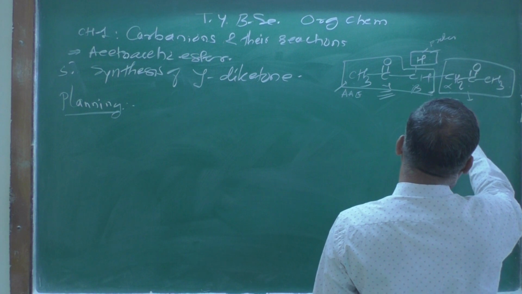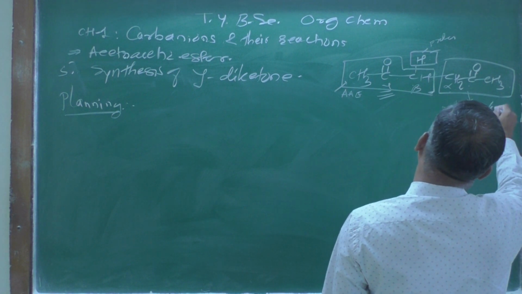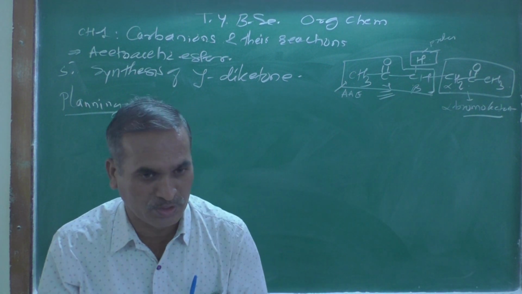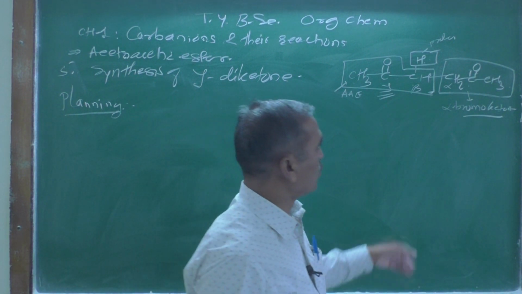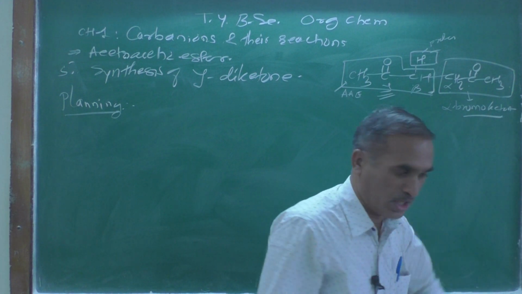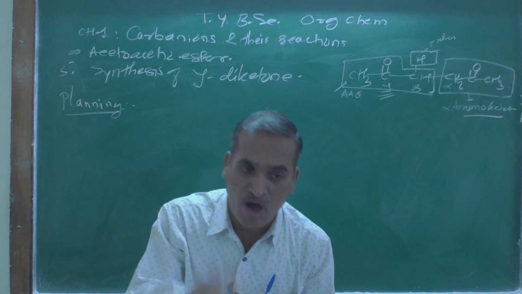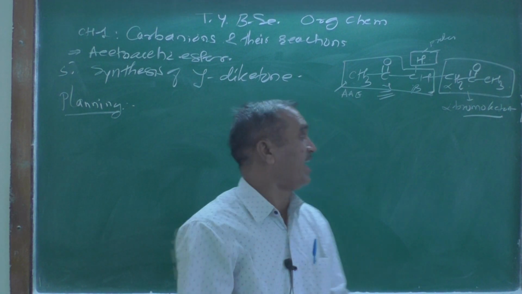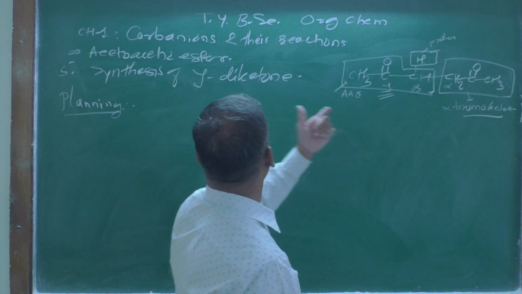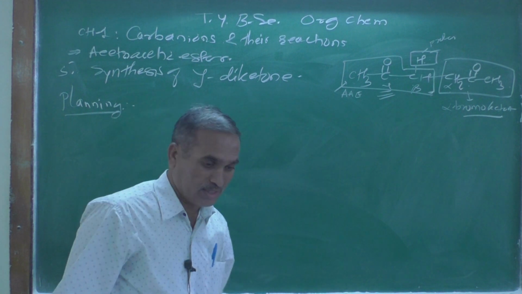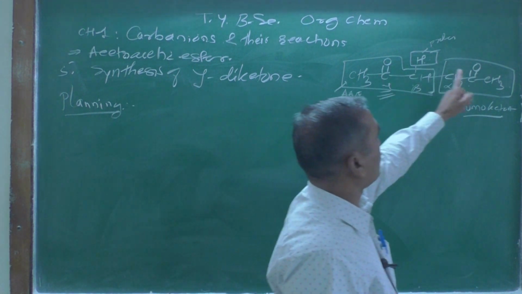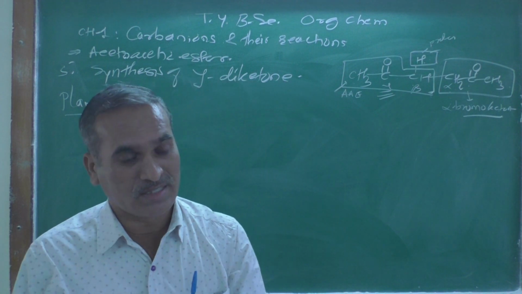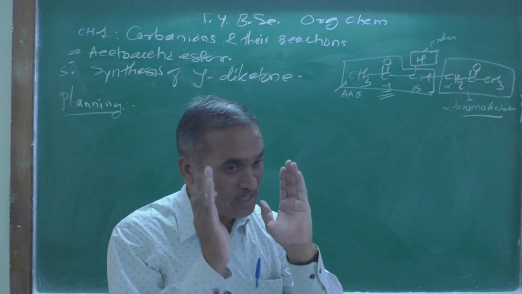If we use alpha bromo ketone instead of alkyl halide, we will get this gamma diketone. Diketone means there are two carbonyl groups, and this is the planning.